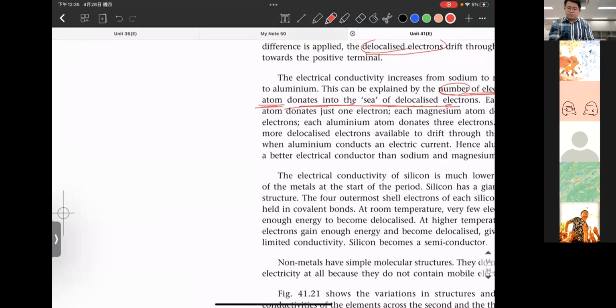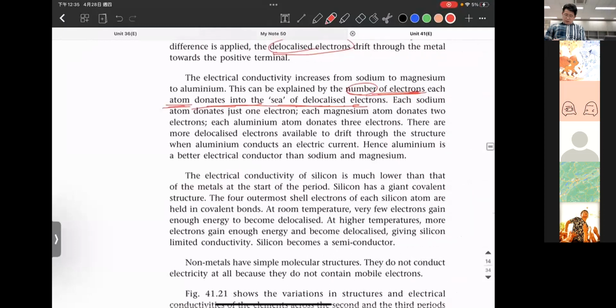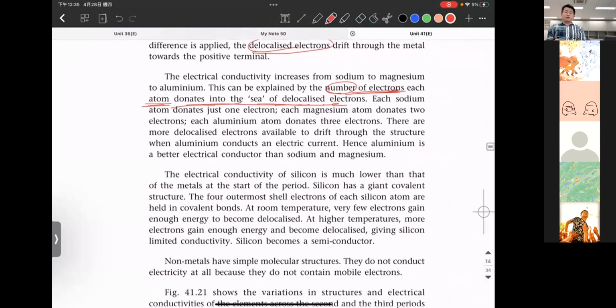Good. Now, so this is the one, and when compared with sodium, magnesium, and aluminium, right? We have got the increasing trend. Each sodium atom donates 1 outermost shell electron for delocalization. Magnesium is 2, aluminium is 3.